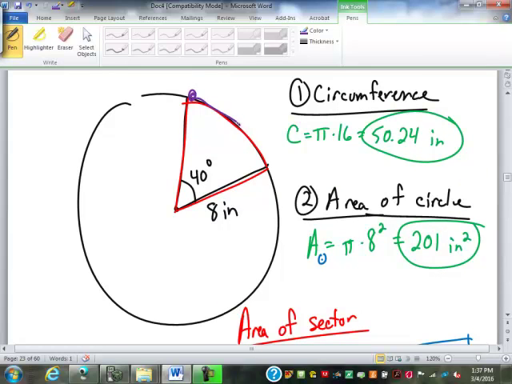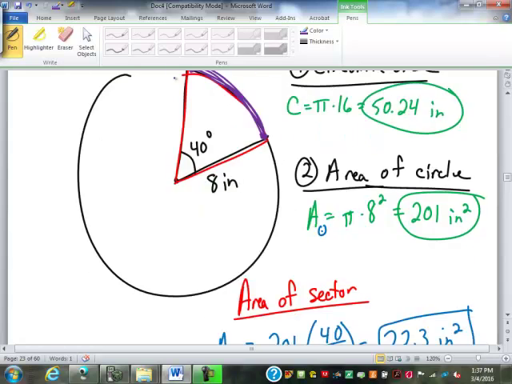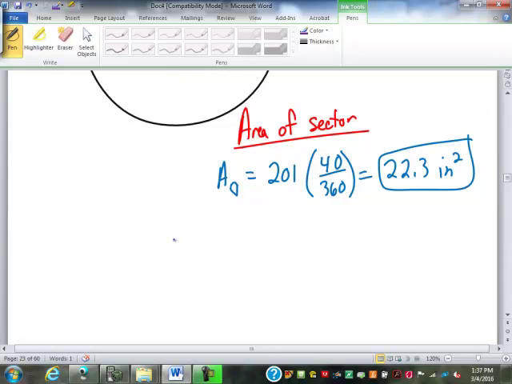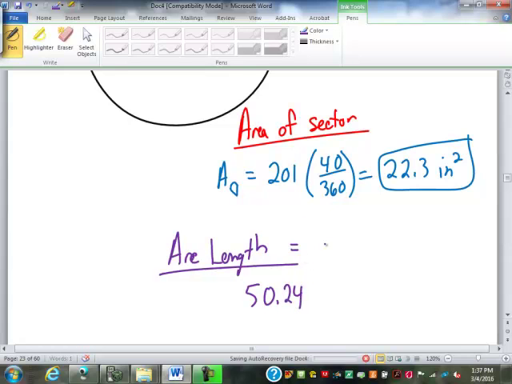How about the arc length? How do you think we're going to do that? Well, we have the 50.24 circumference. It is the same fraction of the whole circle.